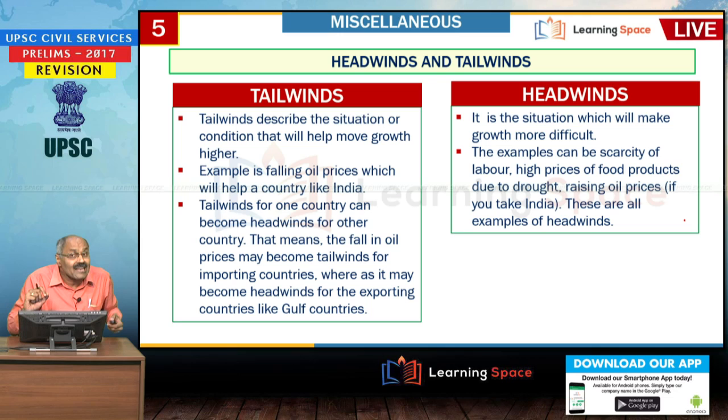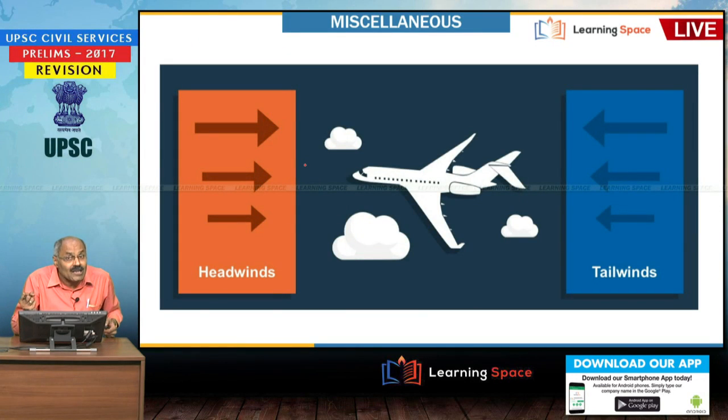Then headwinds and tailwinds. Tailwinds describe the situation or condition that will help move growth higher. In economy, quite often we hear about tailwinds, headwinds. Here you see, headwinds means they are in the opposite direction, that oppose growth.